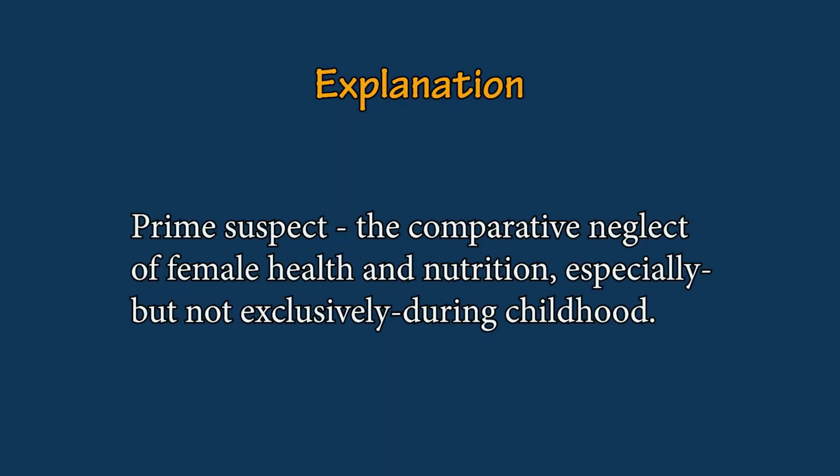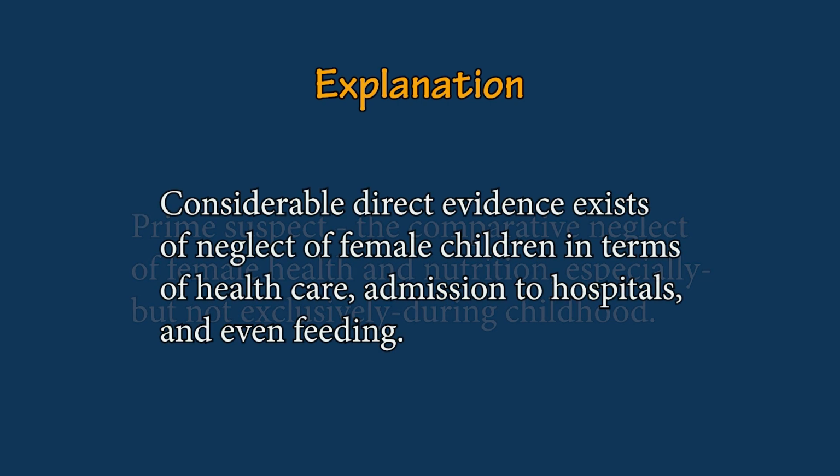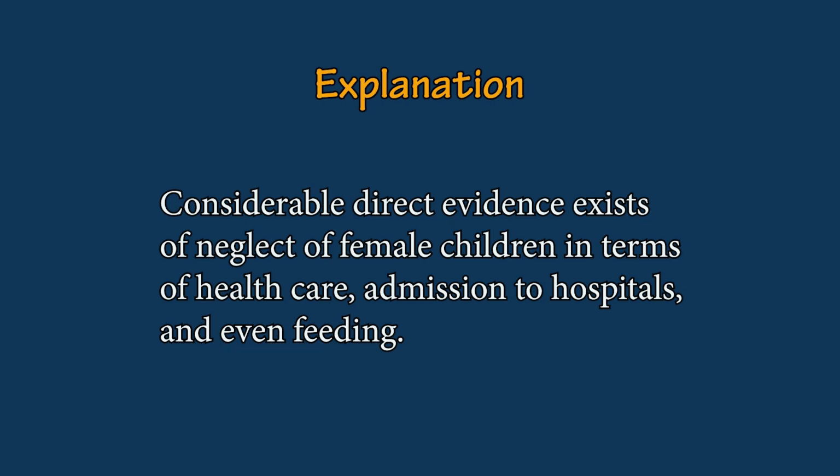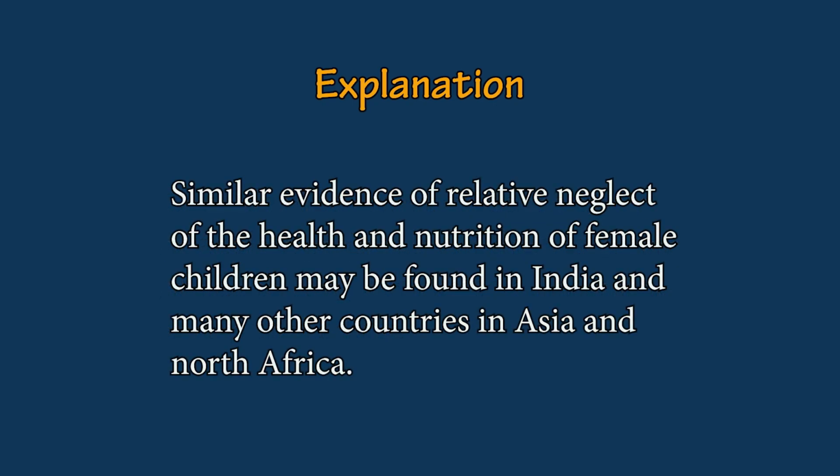The prime suspect is the comparative neglect of female health and nutrition, especially but not exclusively during childhood. Considerable direct evidence exists of neglect of female children in terms of health care, admission to hospitals, and even feeding. Similar evidence of relative neglect of the health and nutrition of female children may be found in India and many other countries in Asia and North Africa. What about China?